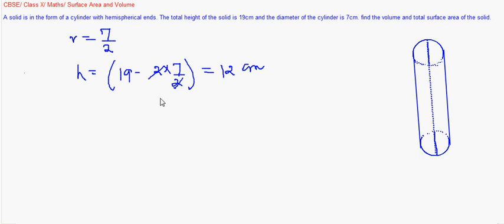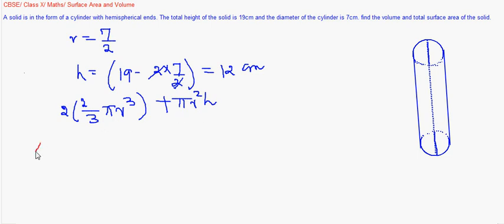Now what will be the volume of this solid? We have two hemispheres, so 2 hemisphere volume is 2/3 pi r cube, plus volume of the cylinder, which is given by pi r square h. Now we can take this part common because the radius remains same.